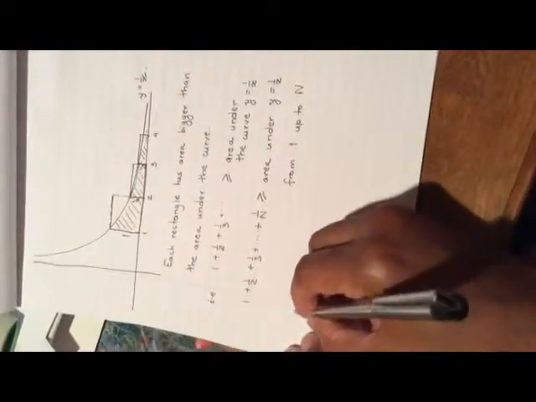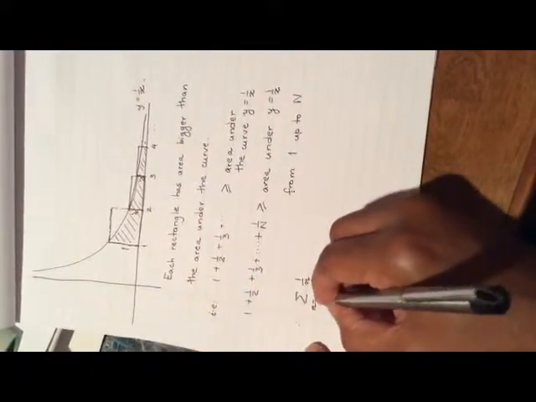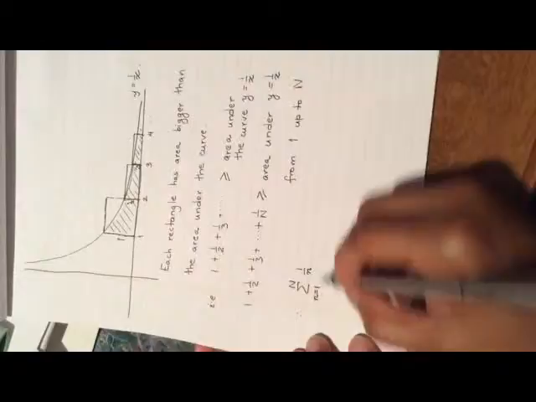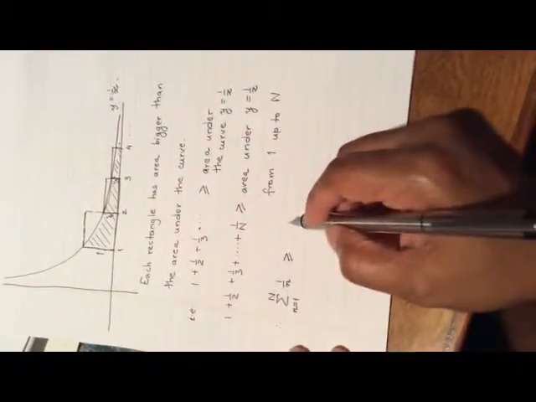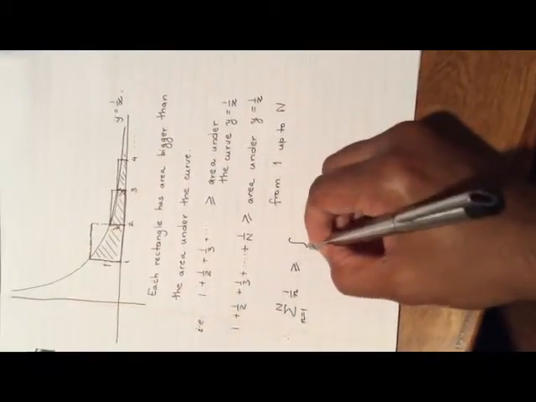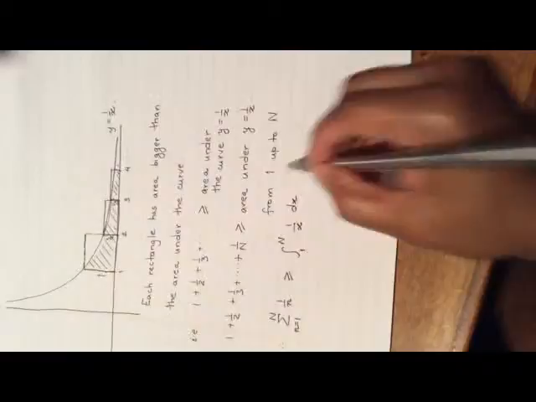So therefore, summation 1 over n, as n goes from 1 to capital N, is bigger than or equal to the area under the curve, which of course, as we know in calculus, is the integral from 1 to N of the function 1 over x dx.